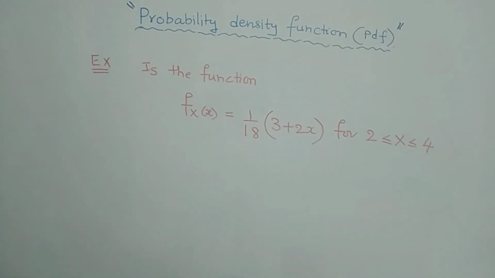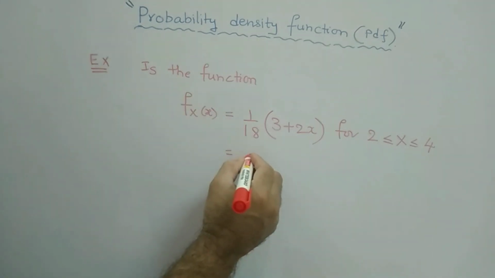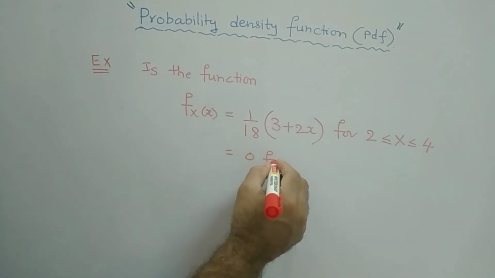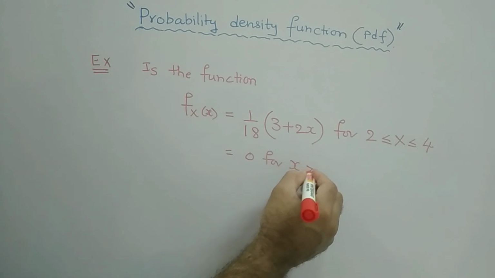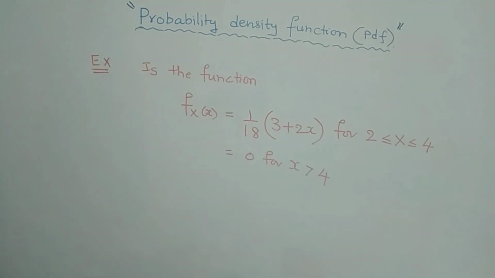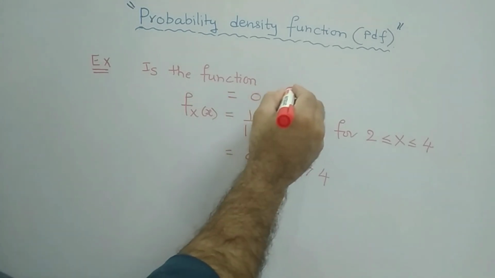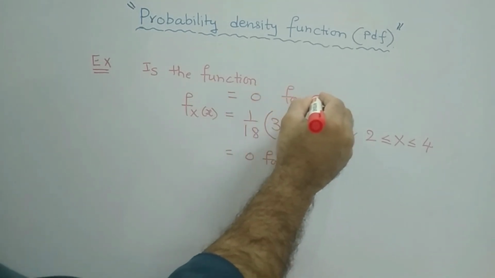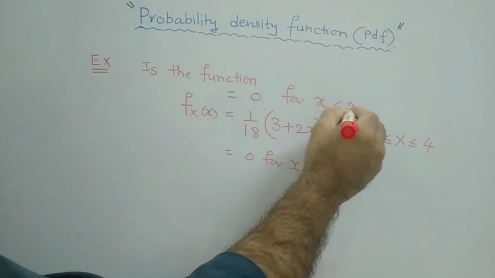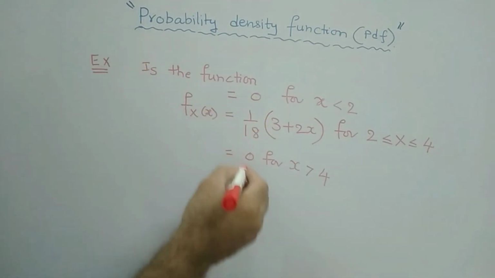That is my limitation, 2 to 4. And it is equal to 0 for x greater than 4, and again 0 for x less than 2. This is the function given.